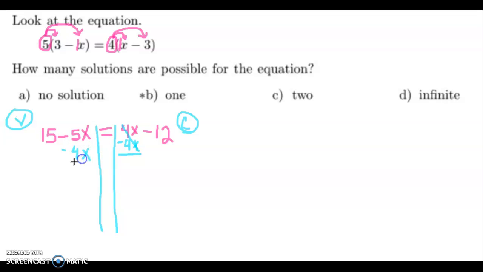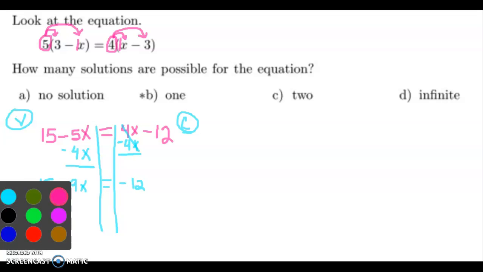Please try to remember you have to line up your like terms, and x's have to go with x's. So if I have negative 5 and a negative 4, well, if I have 5 negatives here and 4 negatives here, I have a total of 9 negatives, and that x comes down with it. I still have the 15 in front, and that still equals a negative 12 on the right side.